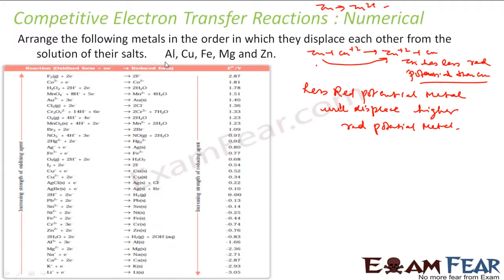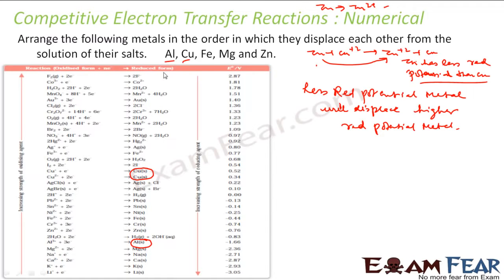That means let's put this in arranged order. So we have magnesium. So let's see where is magnesium. Aluminium we have, right? So let's see where is aluminium first. Aluminium is this guy. Then we have copper. So we have copper in this position.